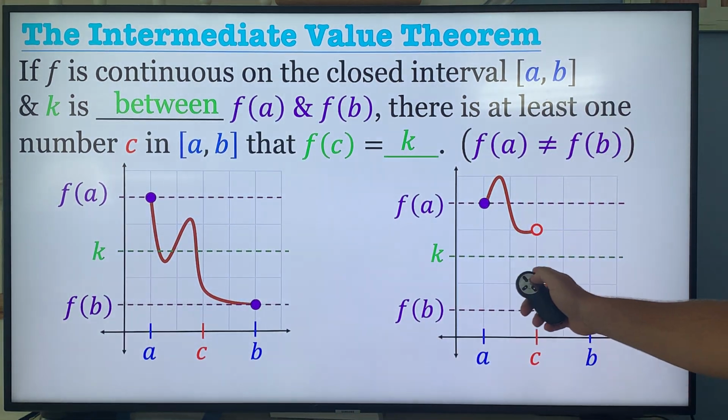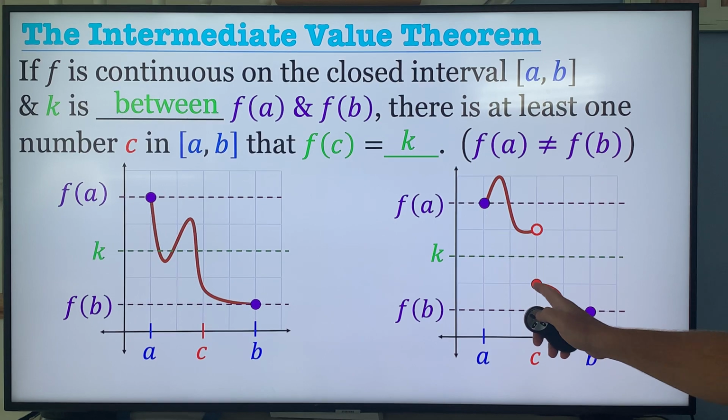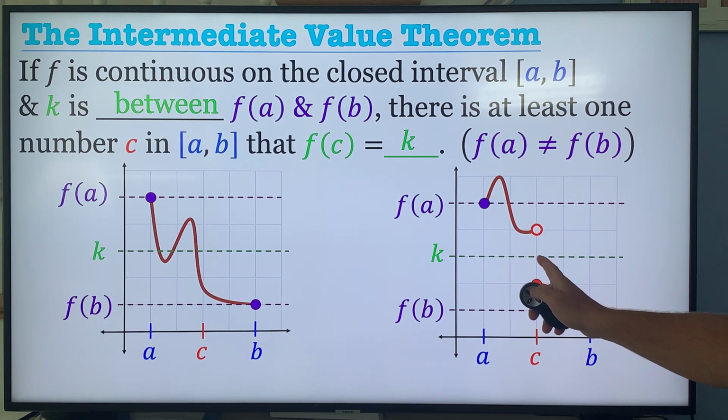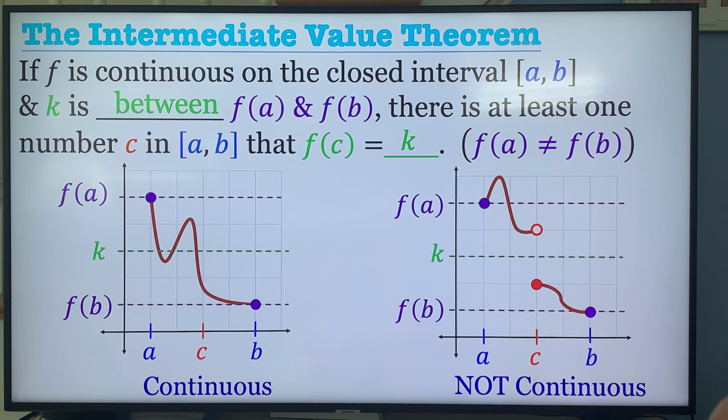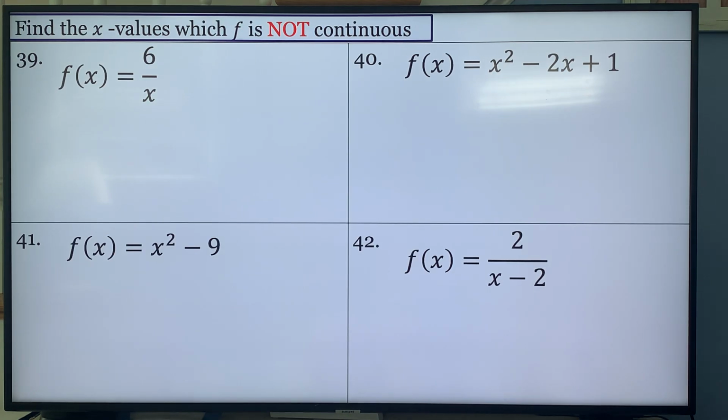Now in this case right here, this is no good. Why is there no K here? Because this graph is not continuous. This is continuous. This is not continuous. Got it? Simple concept. I think I dumbed it down too much, but it took longer to make than it did to explain.